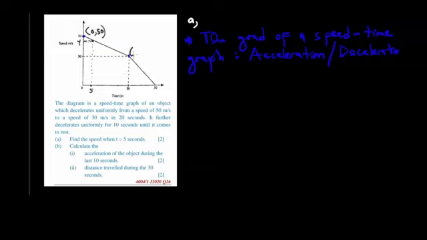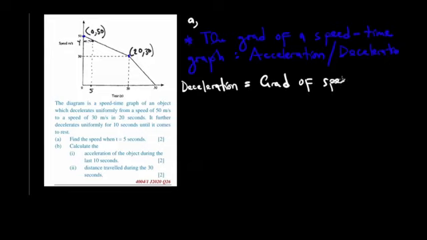Then at this point, it will be 20, 30. So our acceleration, or deceleration to be more specific, will be equal to the gradient of our speed time graph.